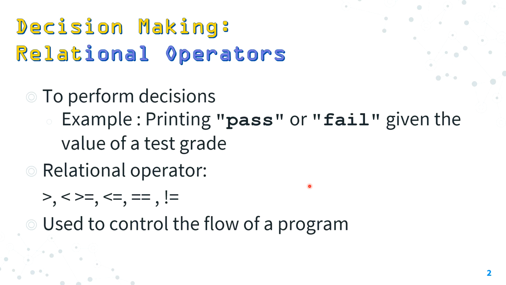The operators we use for this are greater than, less than, greater than or equal to, less than or equal to, and these two equal signs mean equal to, and an exclamation mark with an equal sign means not equal to.